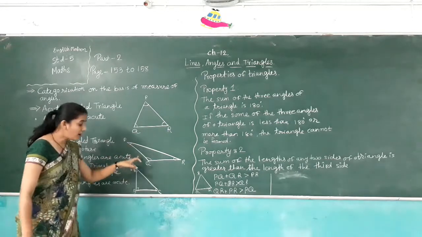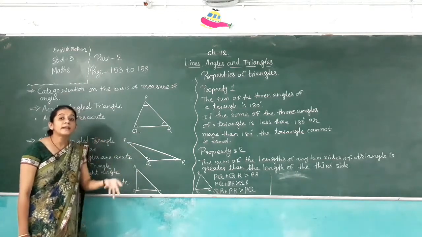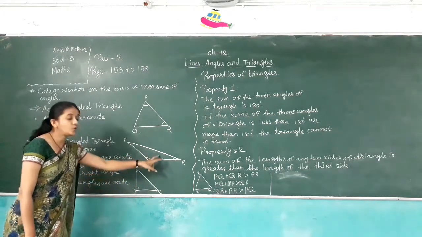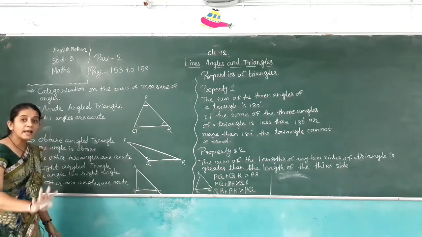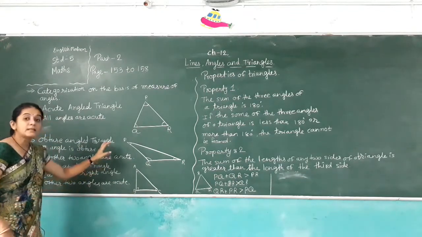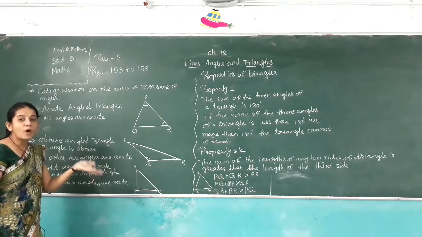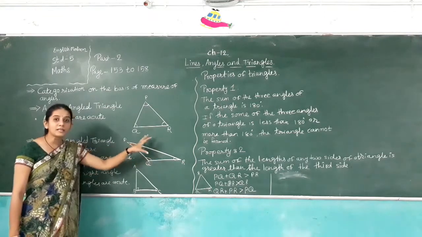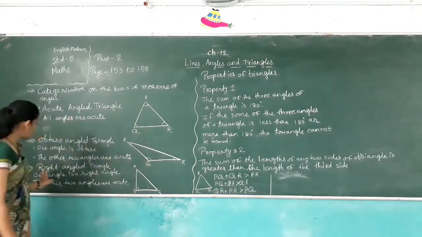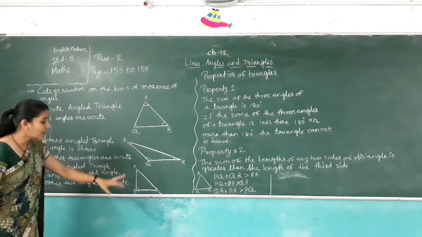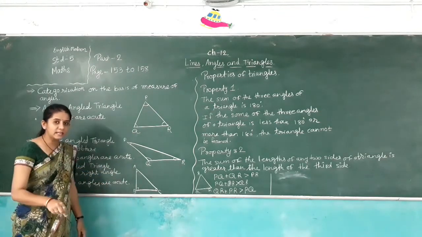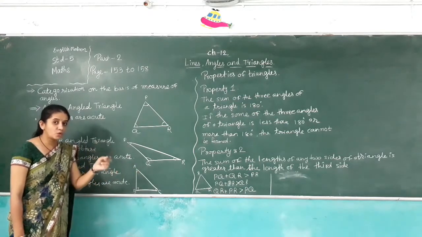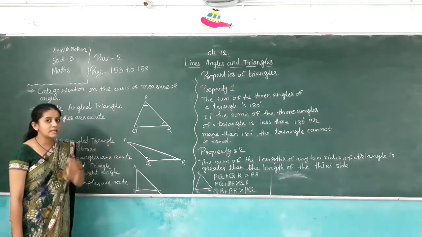In this triangle, one angle's measurement is more than 90 but less than 180, and the other two angles are acute, more than 0 but less than 90. This type of triangle is called an obtuse angle triangle. And right angle triangle. Of the three angles, one angle measures 90 degrees and the other two angles are acute, more than 0 but less than 90.